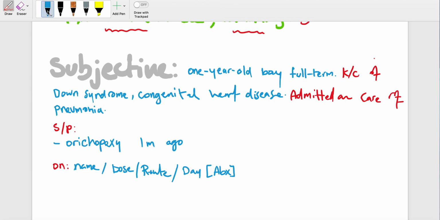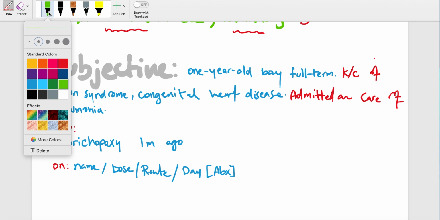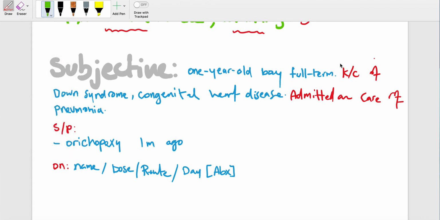Let's now discuss each common word. The first common word is known case of, followed by the diseases that your patient is known to have. Our patient is known to have Down syndrome and congenital heart disease. The second common word is admitted as case of. If your case is clear enough and already diagnosed, you can write admitted as case of.